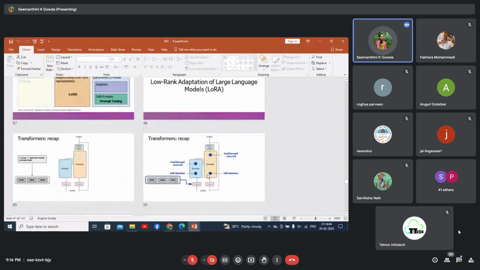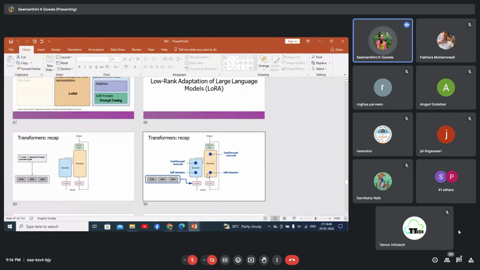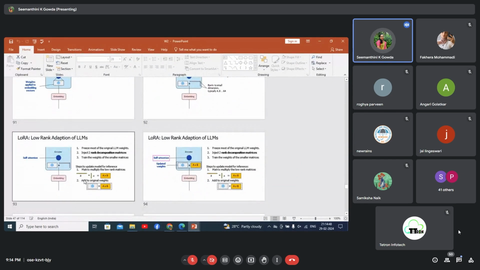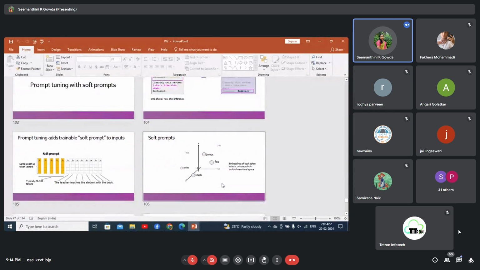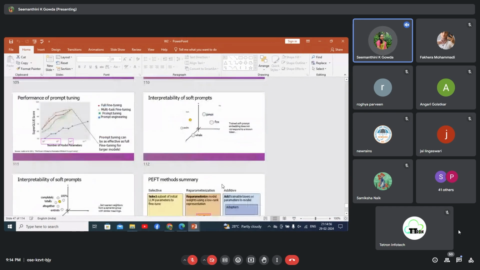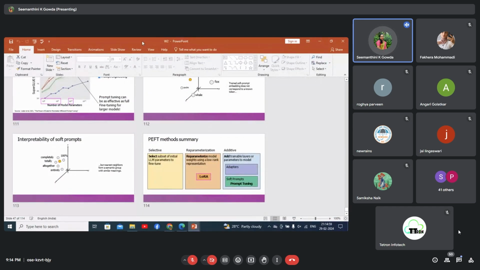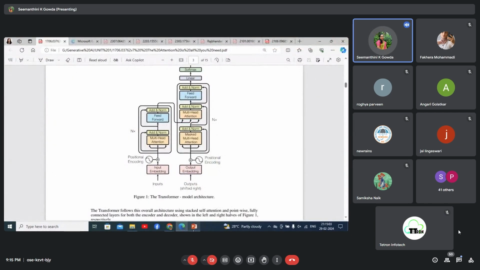Low rank adaptation techniques are also used for fine-tuning. This is how they are computing. And low rank adaptation and QLoRA, which I was talking about with respect to quantization, will be done here. These are the techniques they have used for the evaluation processes. And I wanted to show one more.